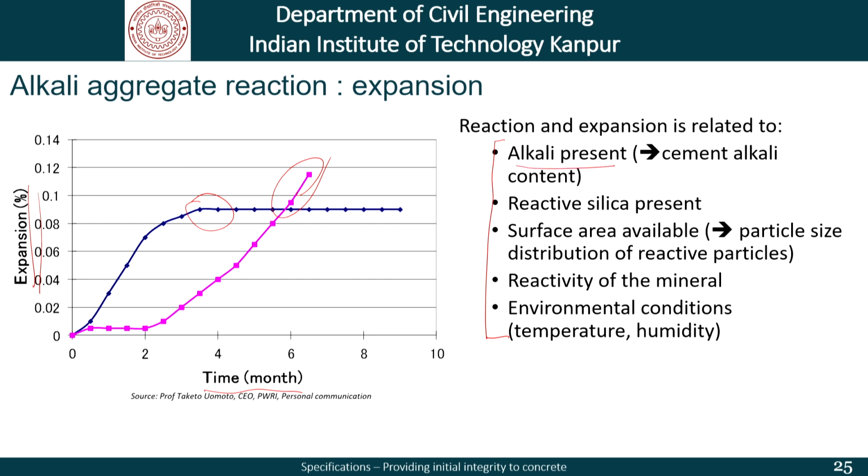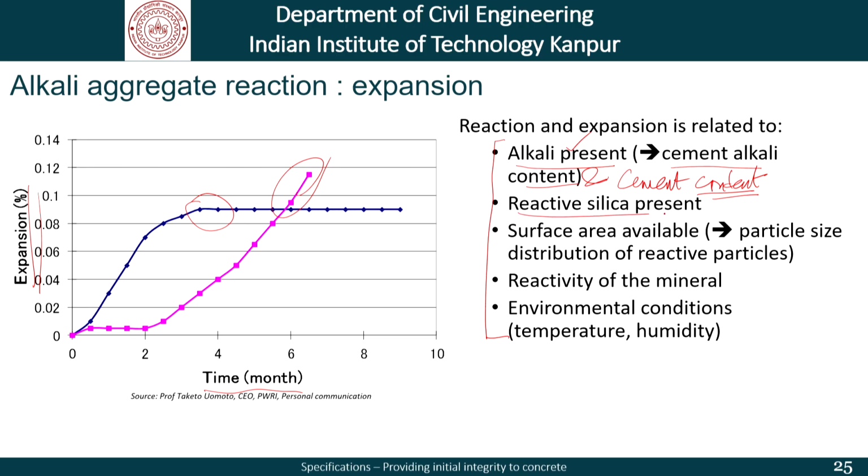This could be related to alkalis present. Now, that means it is related to the cement alkali content and the cement content. So, if we have a certain alkali content in the cement and we use a certain amount of cement in the concrete, that is what is giving us a certain amount of alkali in the concrete.